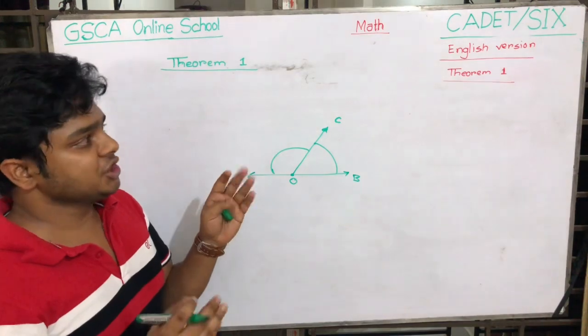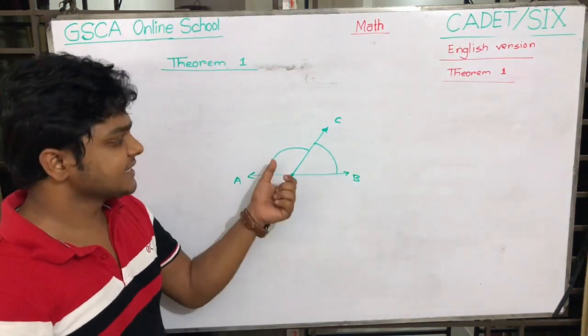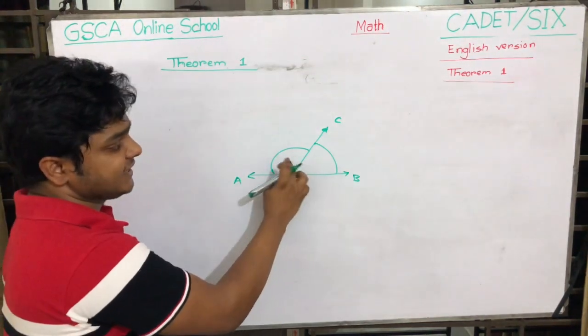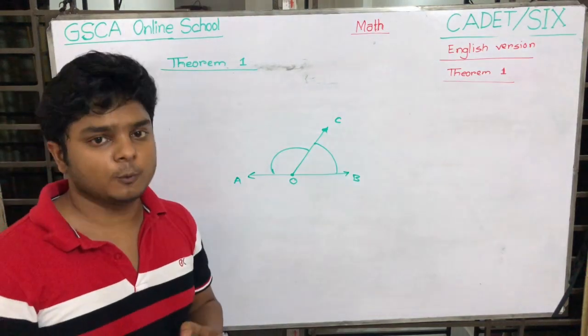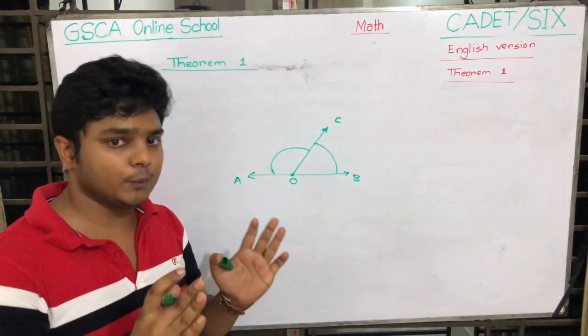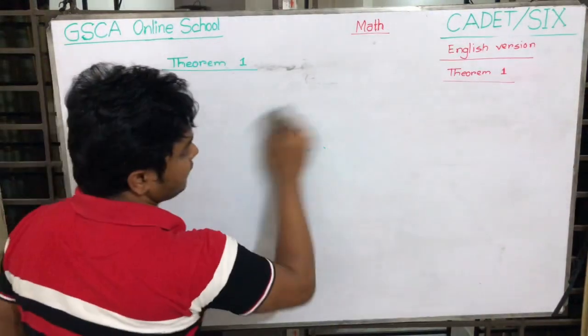So what do we need to prove in Theorem 1? We need to prove that the sum of these two adjacent angles is equal to 180 degrees or 2 right angles. This is all we need to prove. Now at first we will write the question.